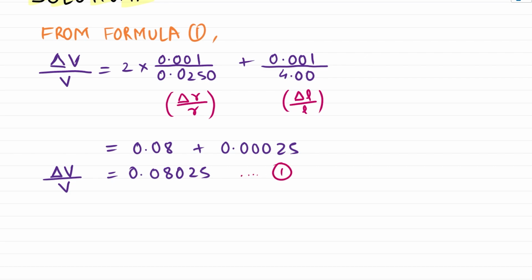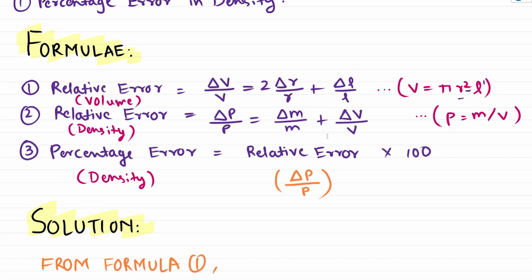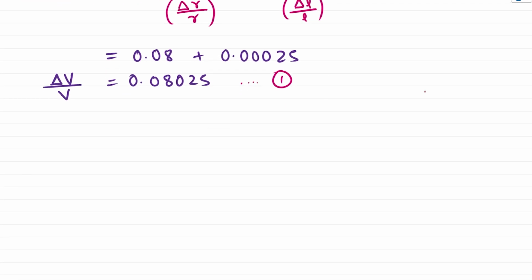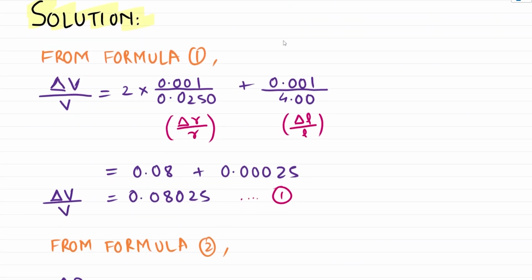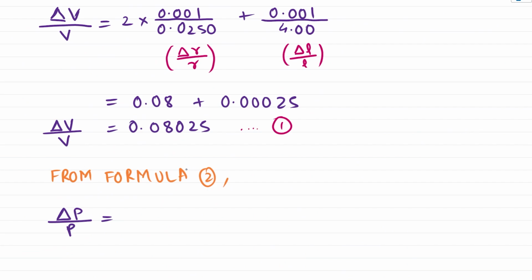Now we need to calculate our relative error in density using the value which we have just found out. So from formula 2, I can say relative error in density, defined as delta rho upon rho, is the value of relative error of mass, that is delta m upon m, which is given to us.